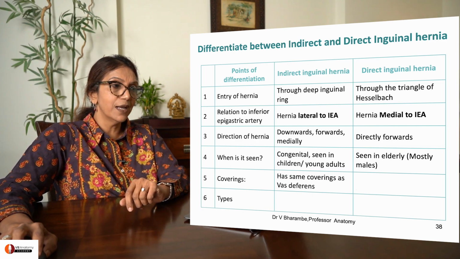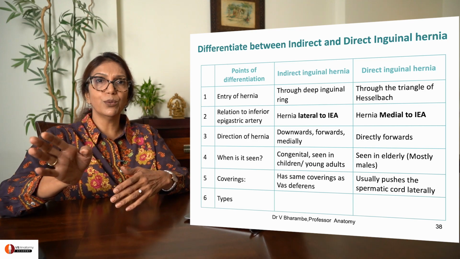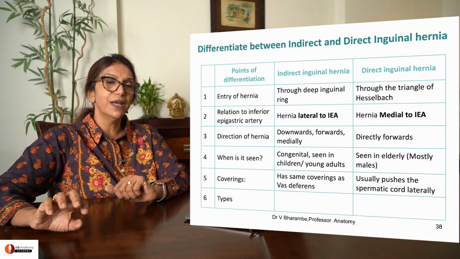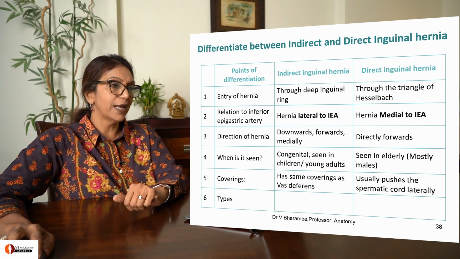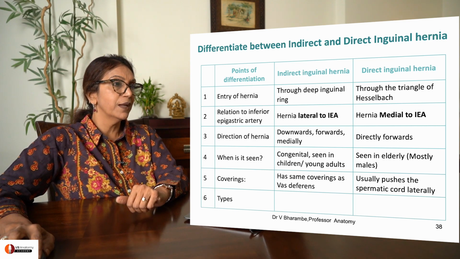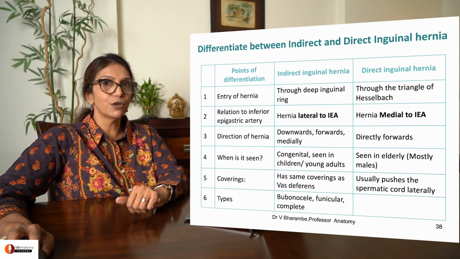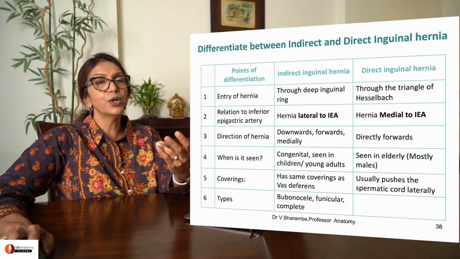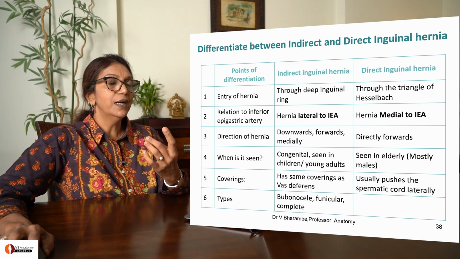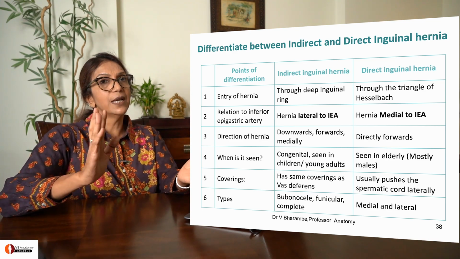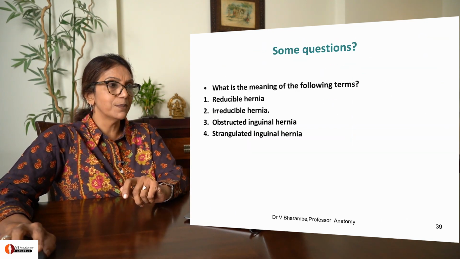Direct inguinal hernia pushes the spermatic cord to one side and has coverings of abdominal musculature in that region medial to it. Indirect inguinal hernia is of 3 types: bubonocele, funicular and complete vaginal. Direct inguinal hernia is of 2 types: medial and lateral.